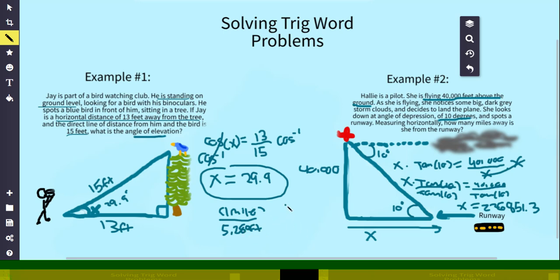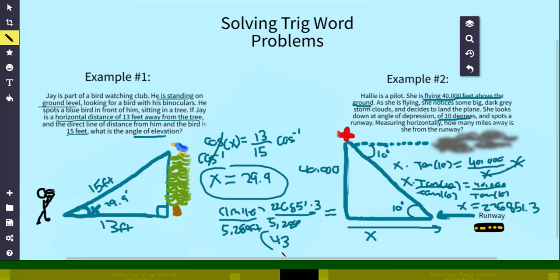So I could say 226,851.3 divided by 5,280, and it'll approximately be 42.96. So we can round it to 43 miles.